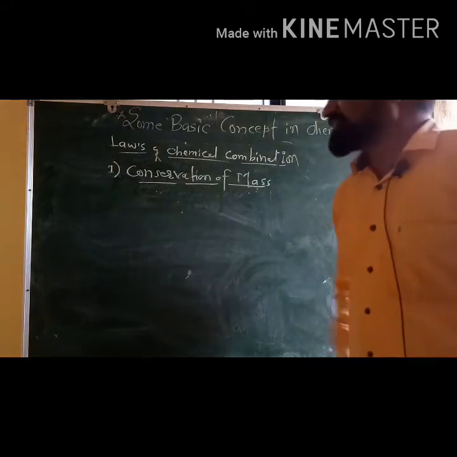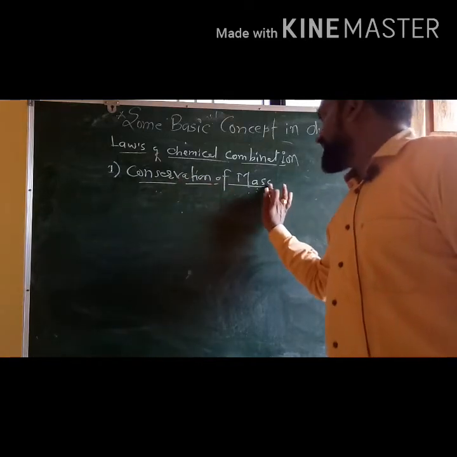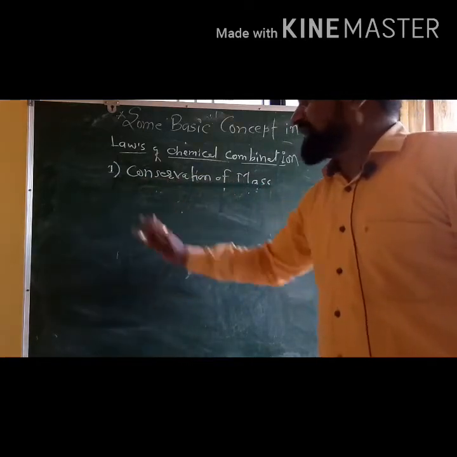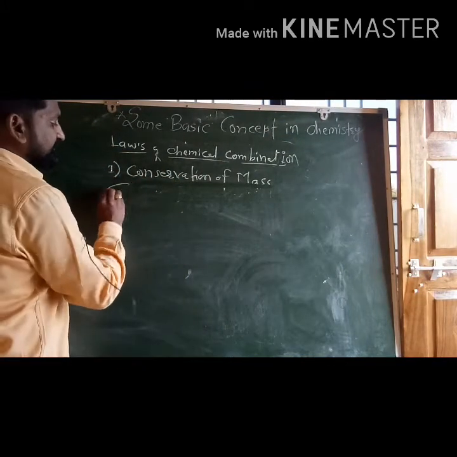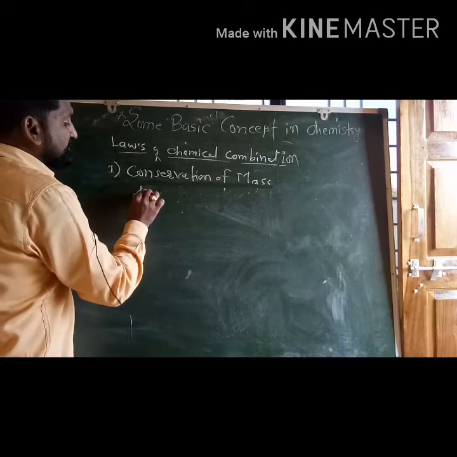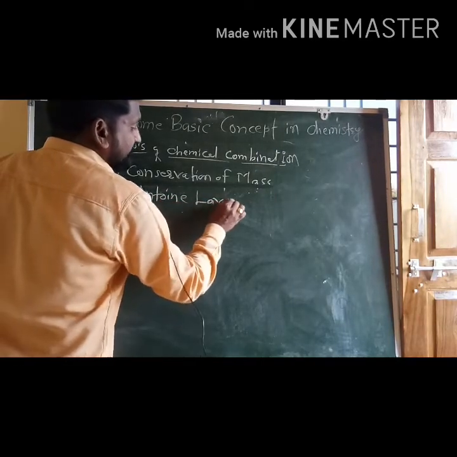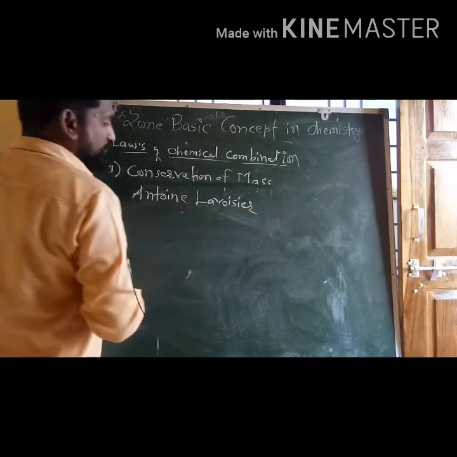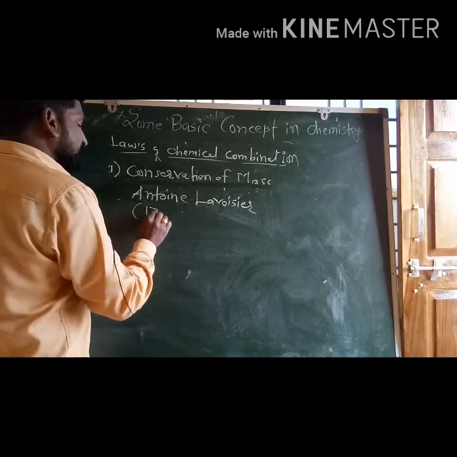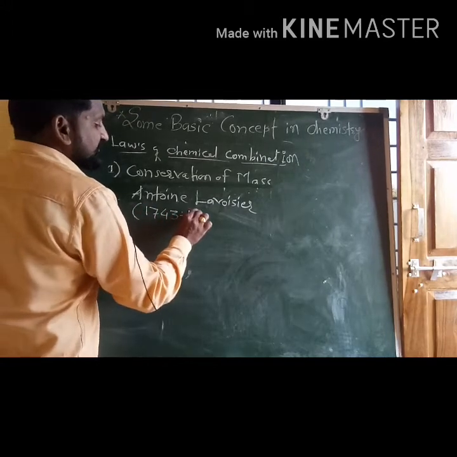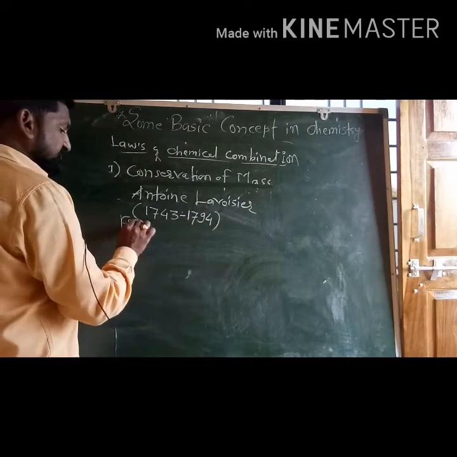In that, the first law was known as conservation of mass, and that was suggested by the scientist Antoine Lavoisier. He lived from 1743 to 1794. He was a French scientist.